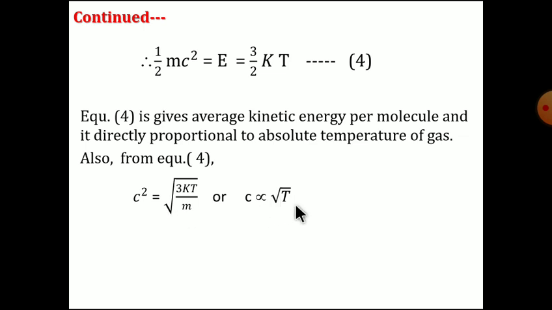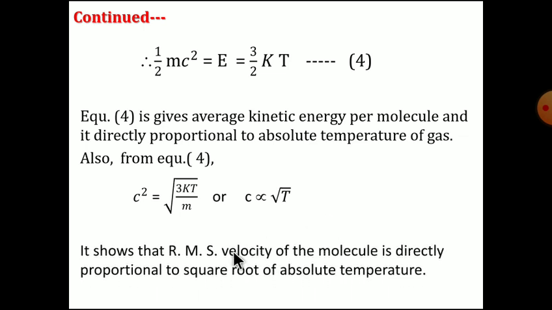Therefore, C is directly proportional to under root T. It shows that the root mean square velocity of the molecule is directly proportional to the square root of absolute temperature.